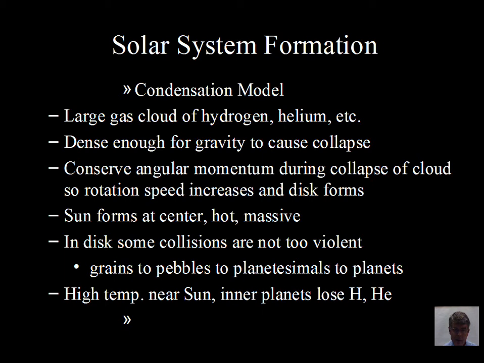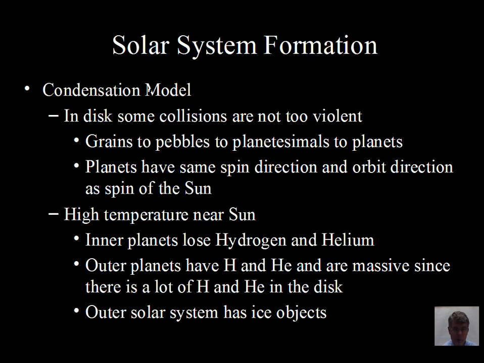The grains of dust that are in the nebula can gather together to form pebbles. The pebbles gather together to form planetesimals. The planetesimals merge and form the planets. With a high temperature near the sun, these inner planets would lose hydrogen and helium. Those gases would move too fast to be retained by the gravity of the planetesimal or the planet.